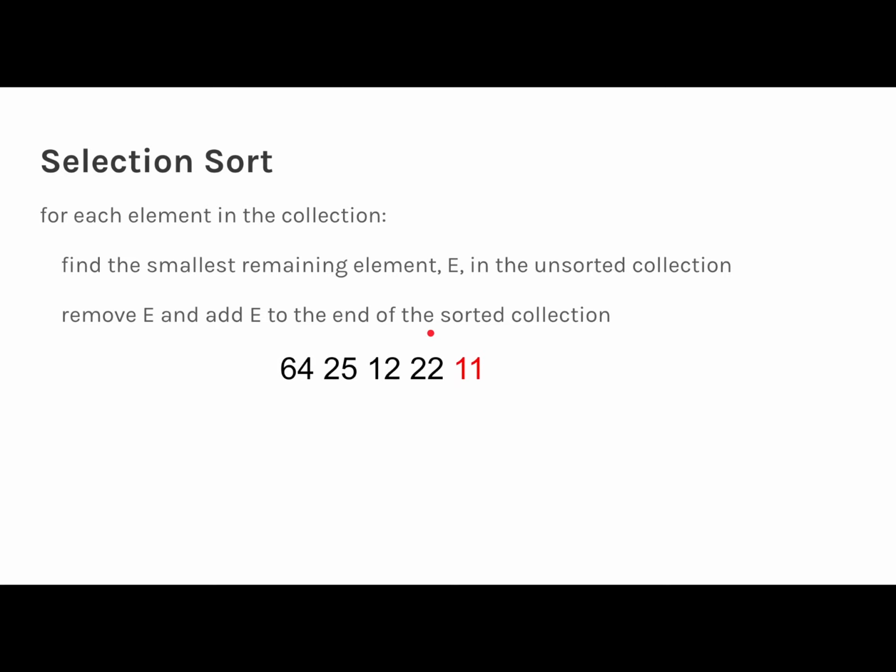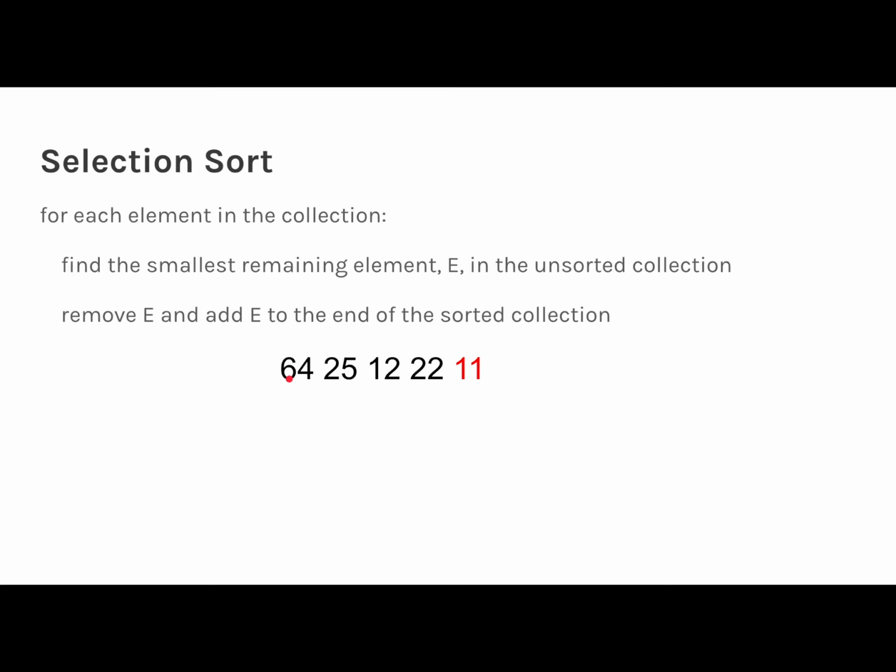Okay, so here's an example. This is the array we are starting out with, and I've marked in red the smallest remaining element in the unsorted collection. That's going to be 11 because everything's unsorted to start with. And what we're going to do is add that to the end of the sorted collection, which is just the very beginning of the list because our sorted collection is empty.